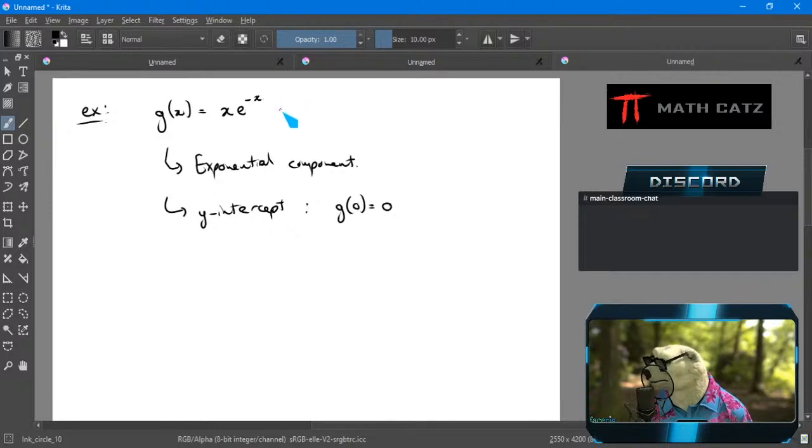Now we'll see. I want to make a note of this because it's going to make my life easier later on very often. I don't have to work with the function in its original presentation. Because I see e to the negative x, I could write this as x over e to the x.